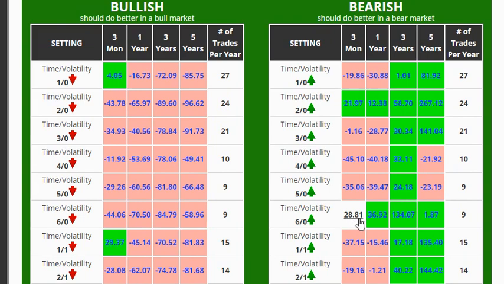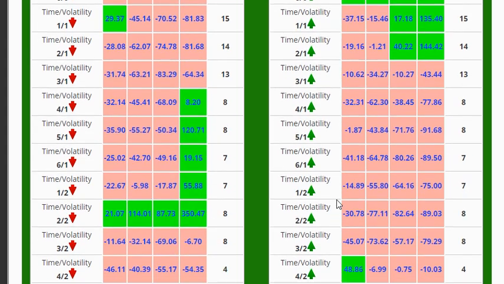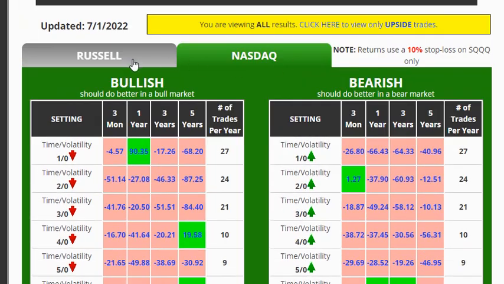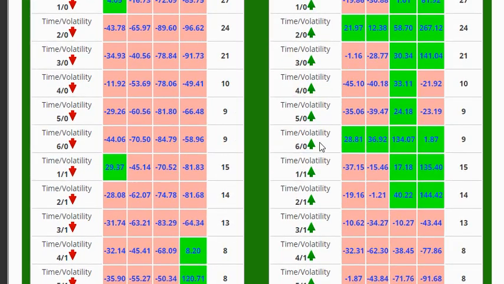So if you were even to do both, even though they're in opposite directions of the market, in opposite ETFs, it's possible that the Russell will go up while the NASDAQ goes down, and both of yours are winners, even though they're in opposite directions. So that seems like an interesting play. And if I had only one to choose, maybe the 2-2 with the NASDAQ. If I had some extra money and wanted to do 2, I might throw in this 6-0 over here.